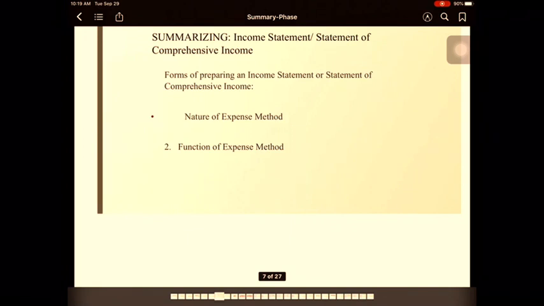The difference really lies in how we present the expenses incurred by the business. It does not talk about the manner of presenting the income earned by the business, but more on the manner in which the expenses shall be summarized in this report.